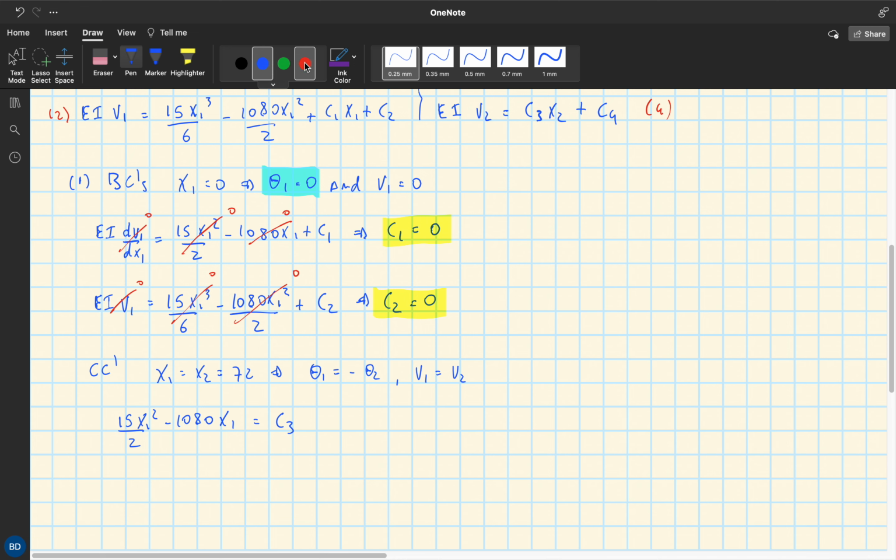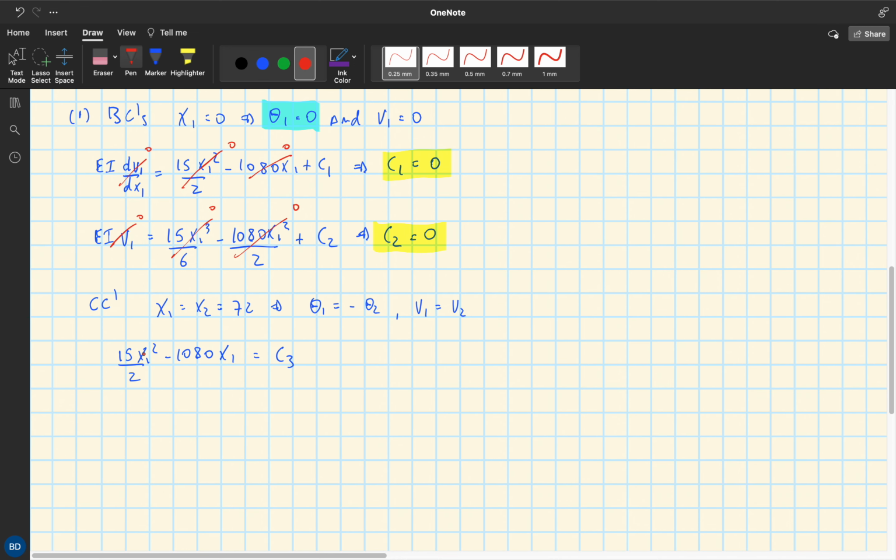Here we just need to replace x1 by the location 72 that we are looking at. So we have 72, and then we just need to do this calculation right here. If you do this calculation, we have C3 equal to 38,880, and this is in rotation units, which means it's in radians. So I'm going to put rad.